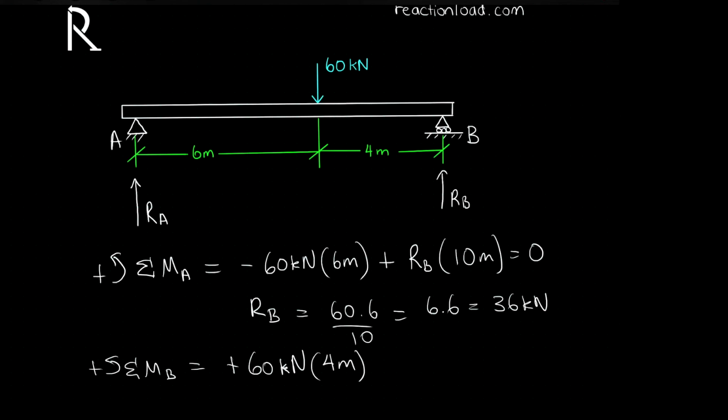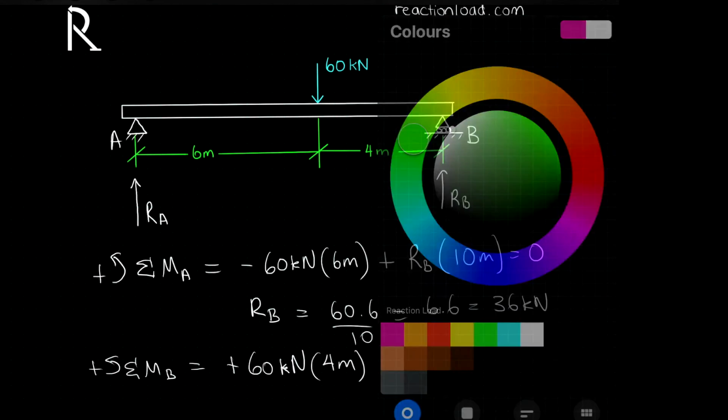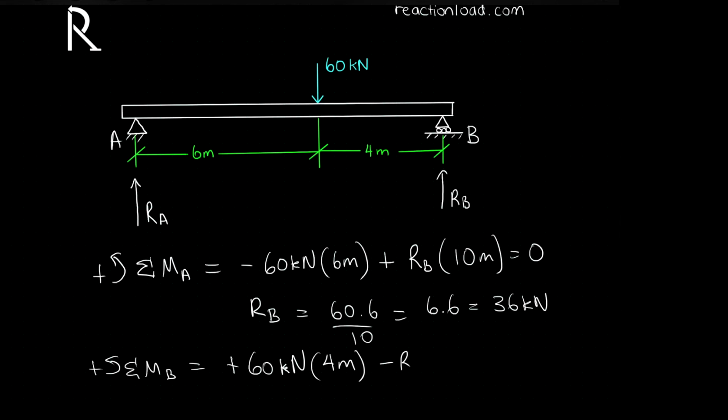Then we have the reaction at A about pivot point B. This time round, the moment caused by RA about pivot point B is occurring in the clockwise direction. So that means that it's a negative moment. So we say minus RA times the perpendicular distance from pivot point B to the line of action of the force, which is 6 plus 4 metres, which is 10 metres.